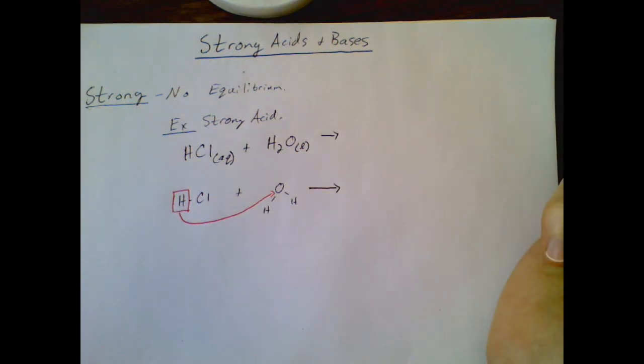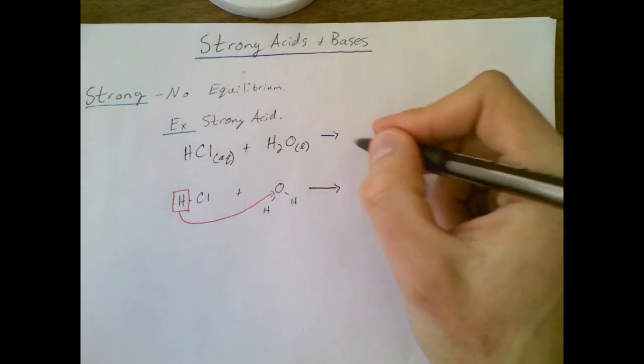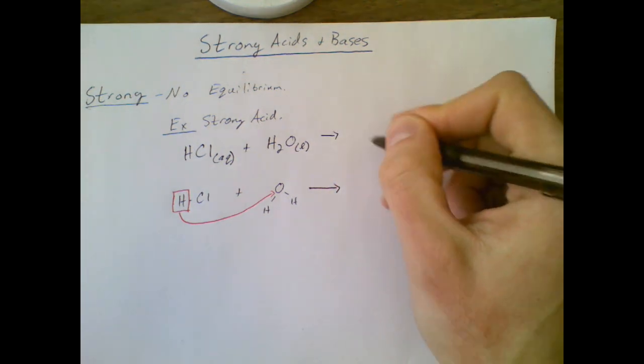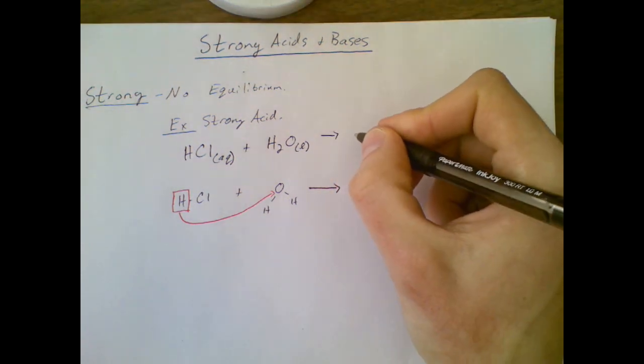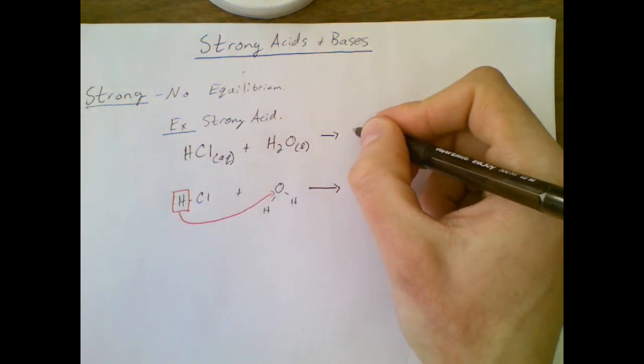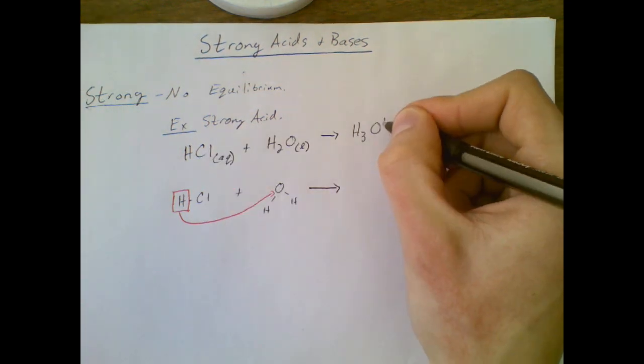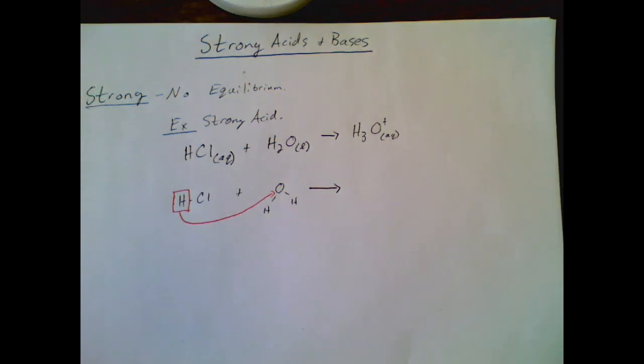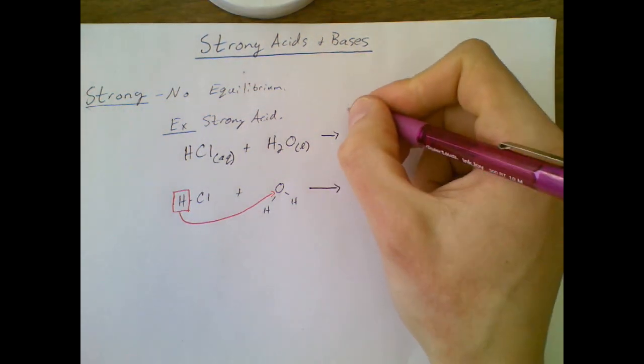Because there's ultimately not really equilibrium, there is no equilibrium arrow. We only really have products produced in this reaction. So that proton moves over and we get H3O+, what is called our hydronium ion.